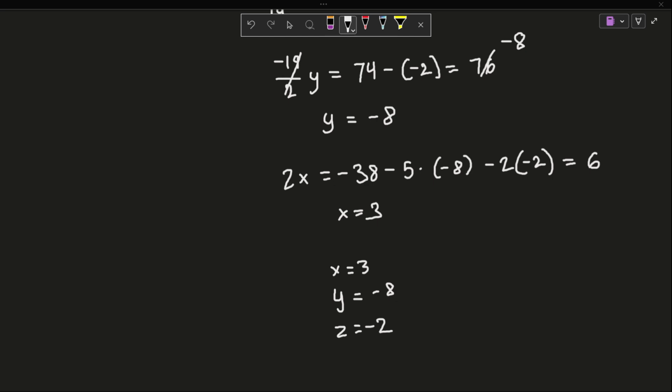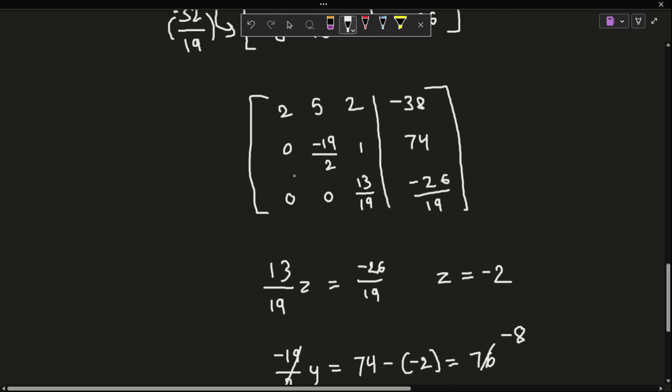And so Gaussian elimination is of that type. It's a pretty important method to know how to do quickly and efficiently. And so some of the time you won't get these perfect upper triangular matrices.